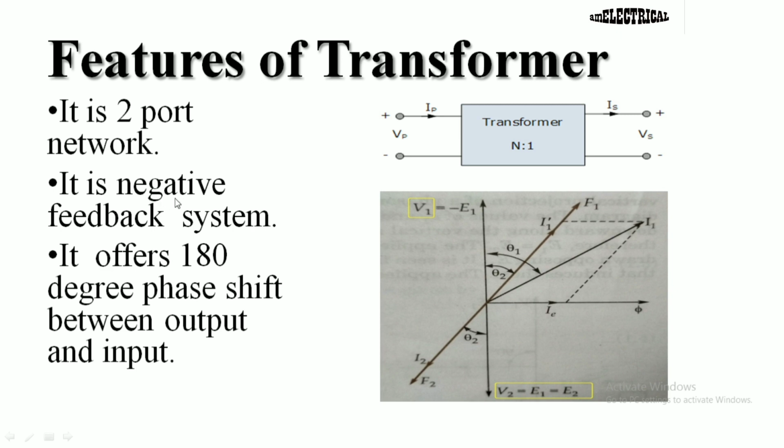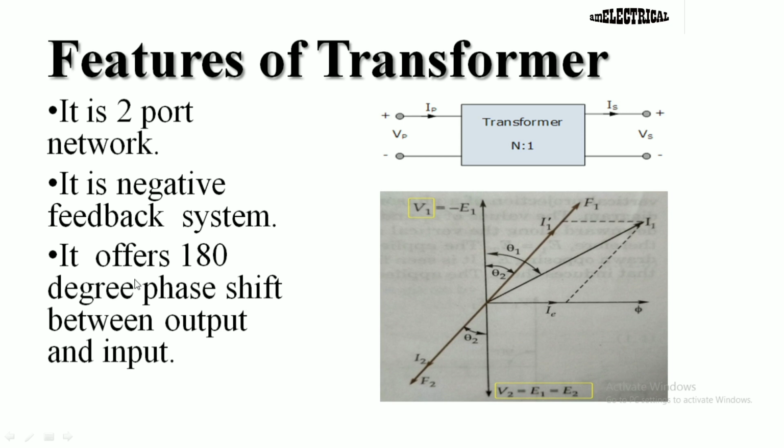You must know the negative feedback system has more stability than the positive feedback system and less noise than the positive feedback system. A negative feedback system has several such good properties compared to a positive feedback system. That's why transformer is a negative feedback system.